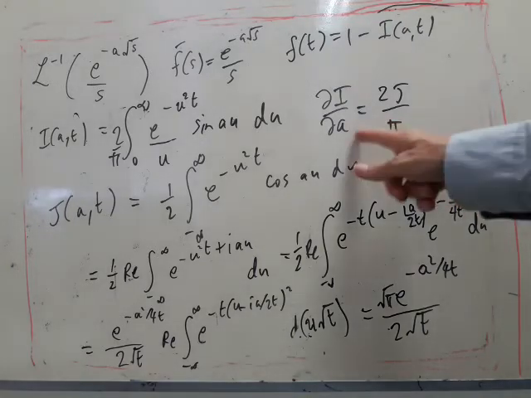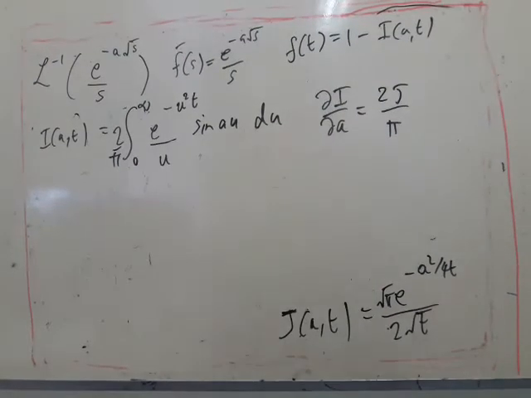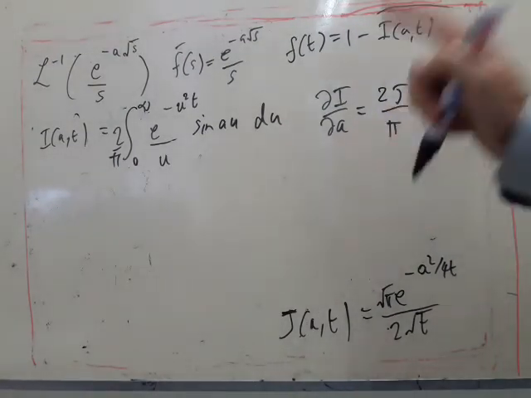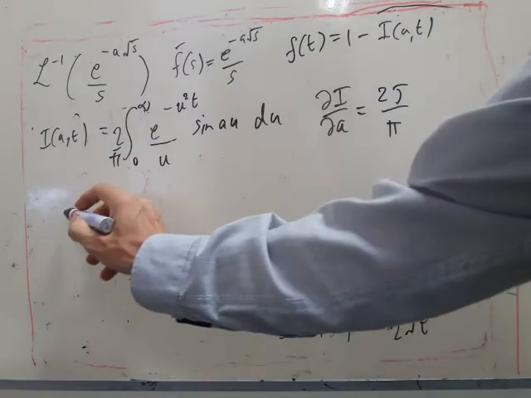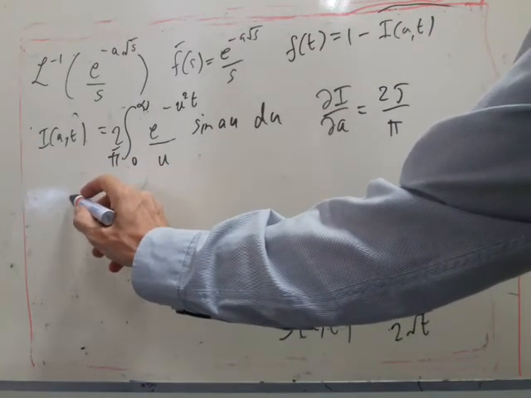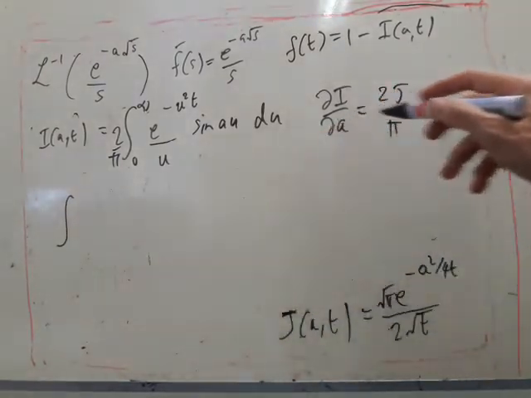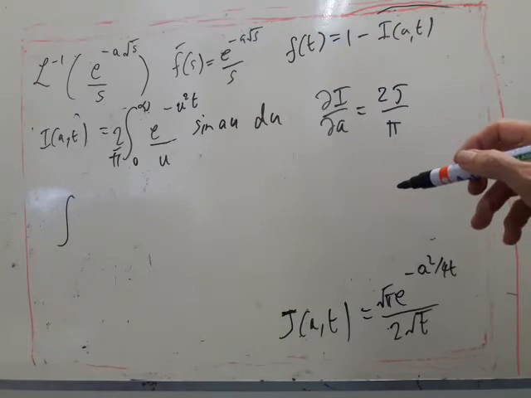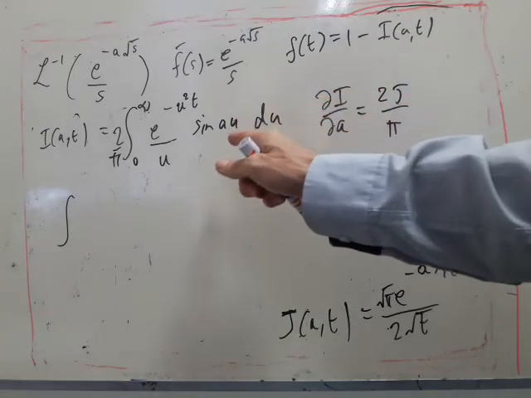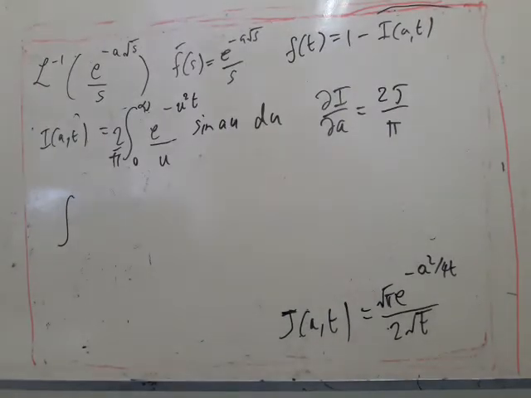Okay, so now we go back and use this result. So if I integrate both sides of this equation, the quick way of doing this is, I'm integrating with respect to a.